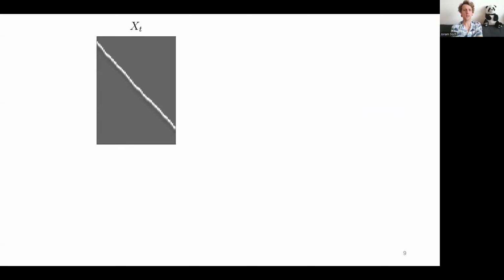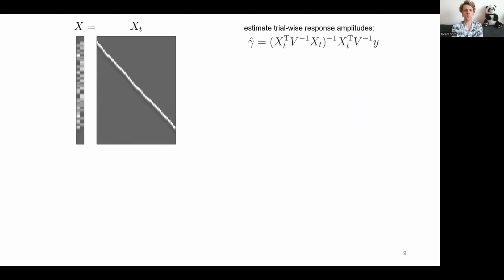The trial-wise design matrix X_T can be used to compute trial-wise response amplitudes gamma hat using least squares. And the condition-based design matrix can be related to the trial-wise design matrix via a transformation matrix T, which basically specifies which trial belongs to which experimental condition.